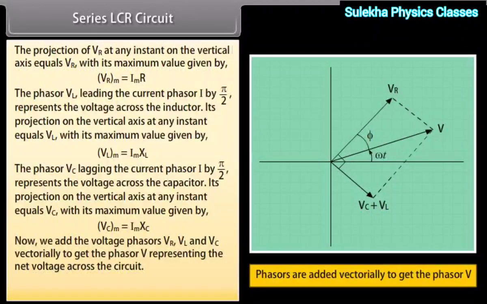Now, we add the voltage phasors VR, VL and VC vectorially to get the phasor V representing the net voltage across the circuit. V maximum is equal to under root of VR maximum square plus VC maximum minus VL maximum square.